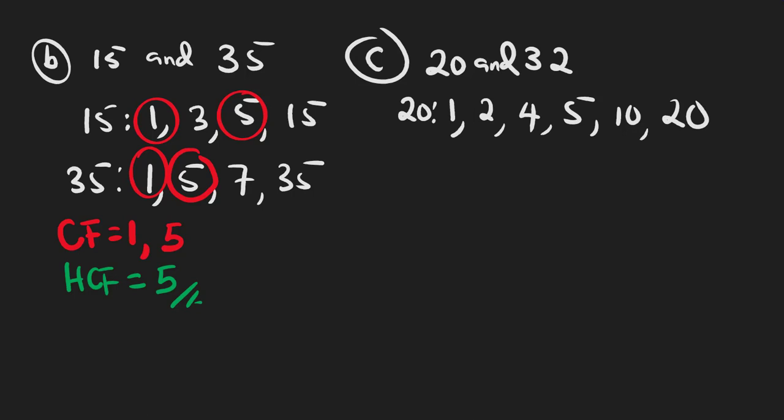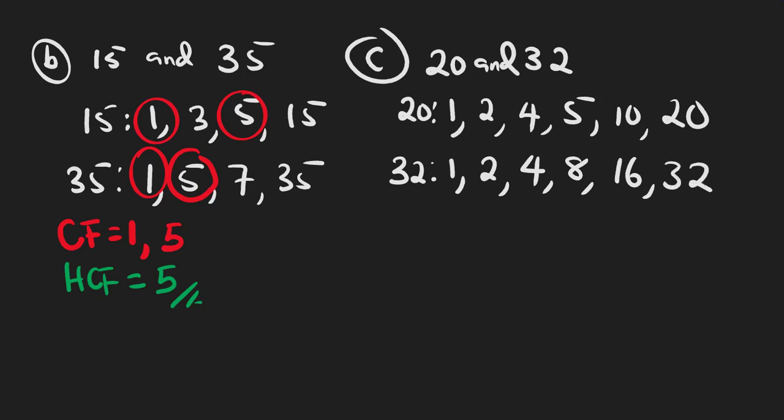Then for 32, 1 is a general factor, right? Then we have 2 because 32 divided by 2 is 16. And we have 4 because 32 divided by 4 is 8. Then we have 8. Then we have 16 and we have 32.